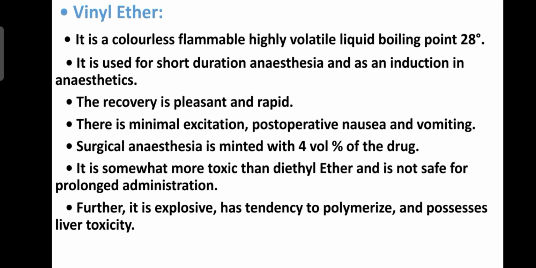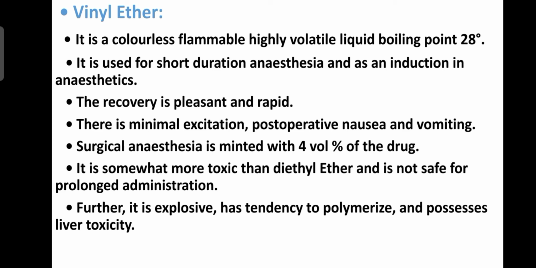The second one is vinyl ether. It is a colorless, flammable, highly volatile liquid, with boiling point at 28 degrees. It is used for short duration anesthesia and as an induction in anesthetics. The recovery is pleasant and rapid. There is minimal excitation, postoperative nausea and vomiting.